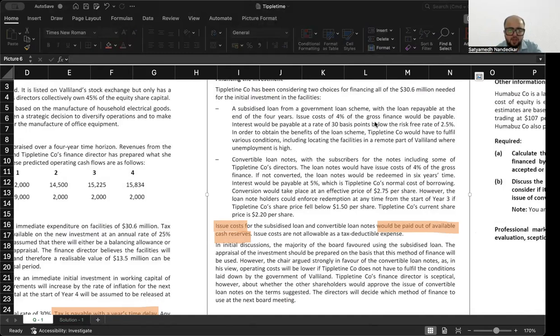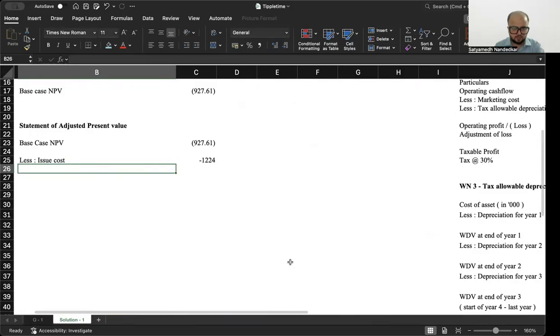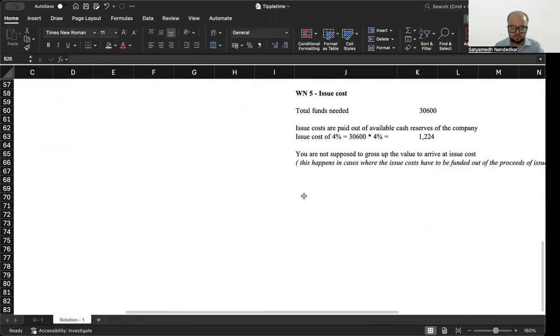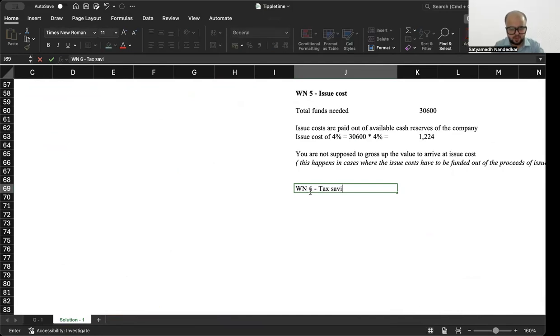If I'm getting the loan at 2.2%, then the total amount of subsidized loan that I have raised is 30,600 into 2.2%. I will arrive at the interest amount, and on that I'll have to calculate the amount of tax saving. So working note 6, tax saving on interest.